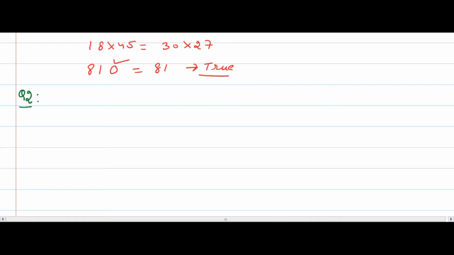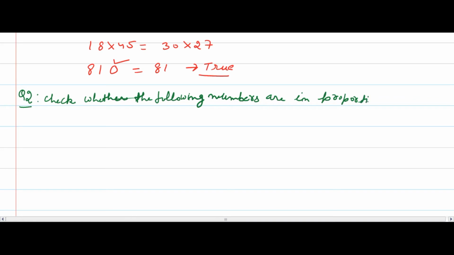It says, check whether the following numbers are in proportion or not. We have to find out.